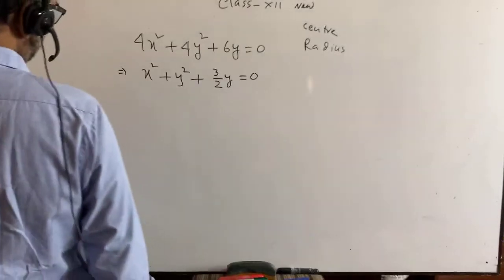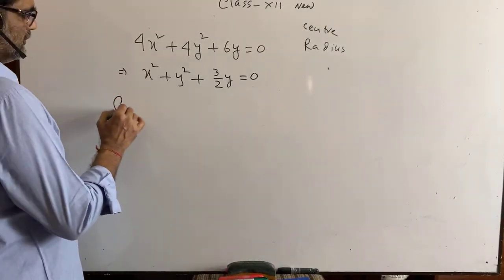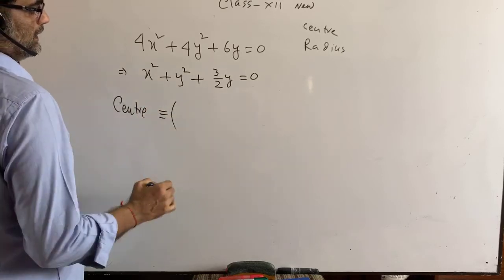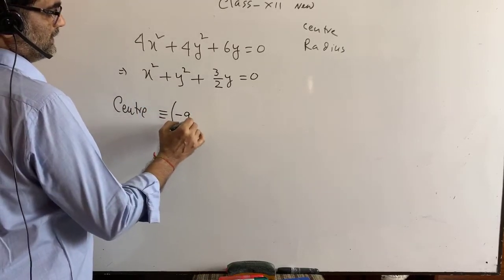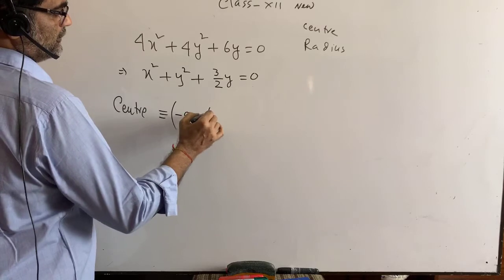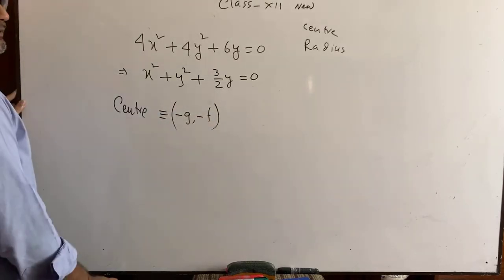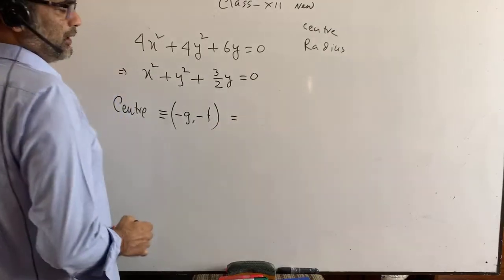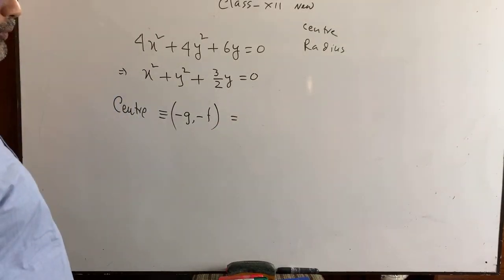Now what is the formula? Center. The center is minus g, minus f. That means we have to divide the coefficient of x by minus 2.